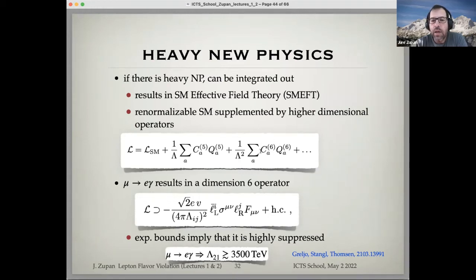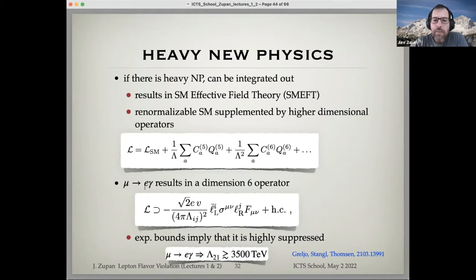Then there's dimension 6, similar story. Since it's dimension 6, it will have a dimension 4 coupling in front, which is 1 over lambda squared. If all the couplings to new physics are order 1, this lambda here is the typical new physics scale.